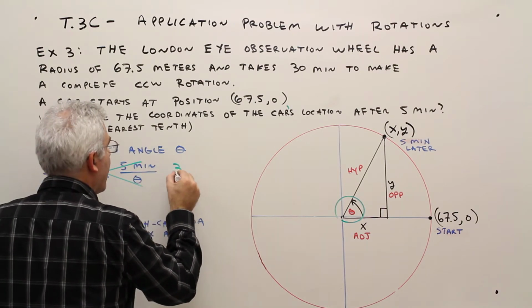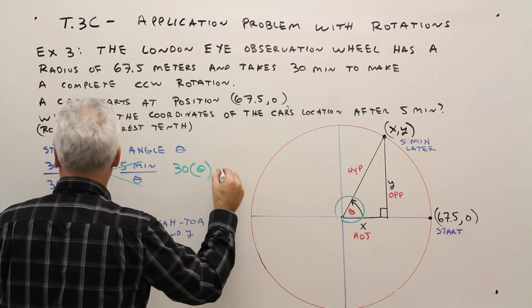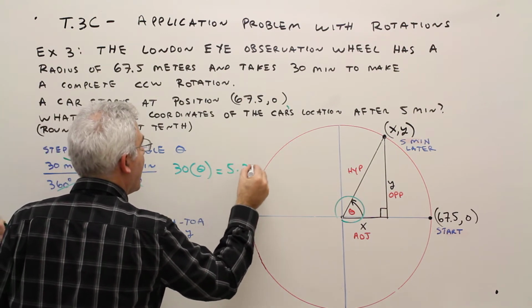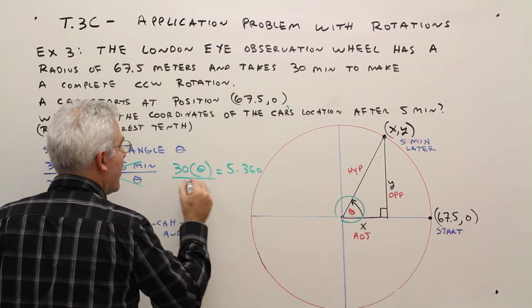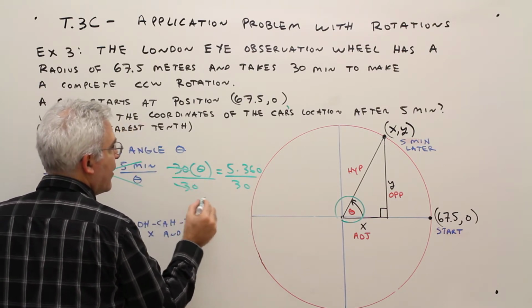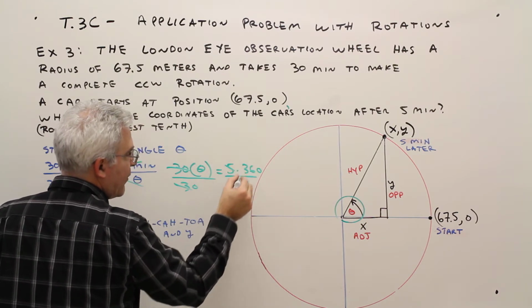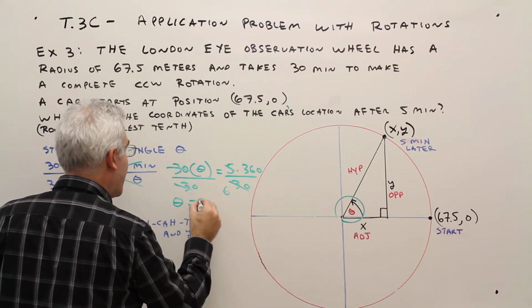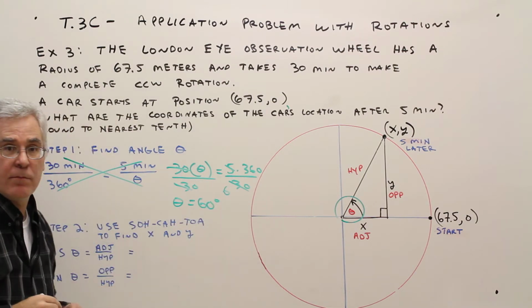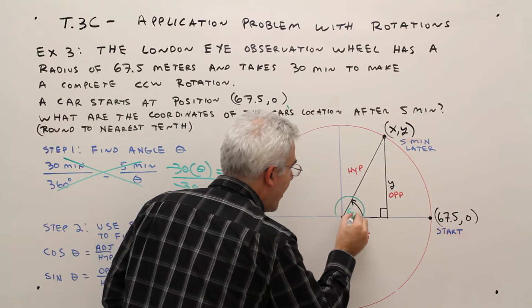So I'll get 30 minutes times theta equals 5 times 360. I'll divide this by 30, divide that by 30, and then that's going to be a 6, 365. So theta is going to end up being 60 degrees. Okay, so then I can put 60 degrees right in there.